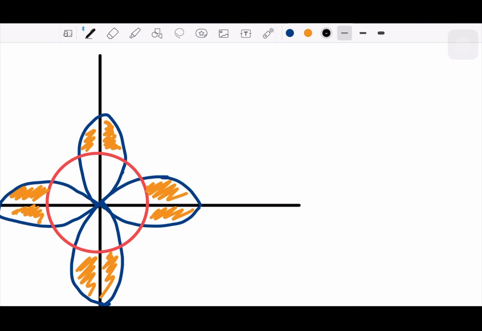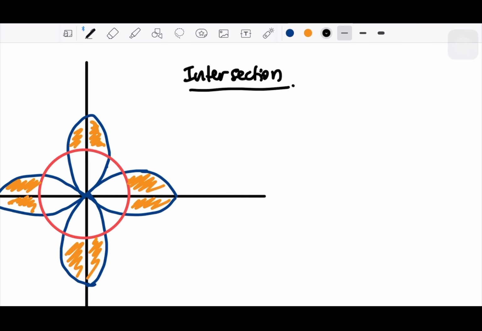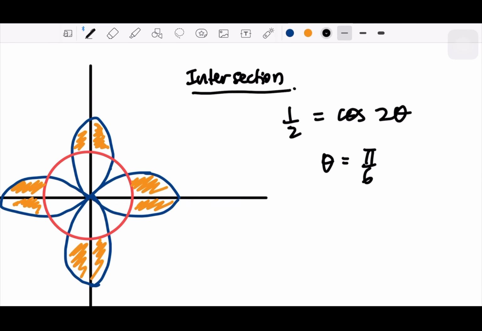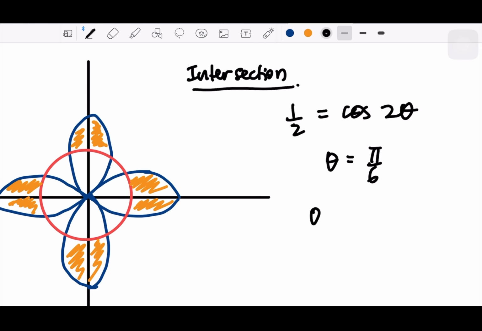Got it? Okay. So first, let's just check the intersection. We might use half equals cosine 2 theta. So we get that theta at least is going to be pi over 6, right? From 0 to pi over 4 here, it will have pi over 6.